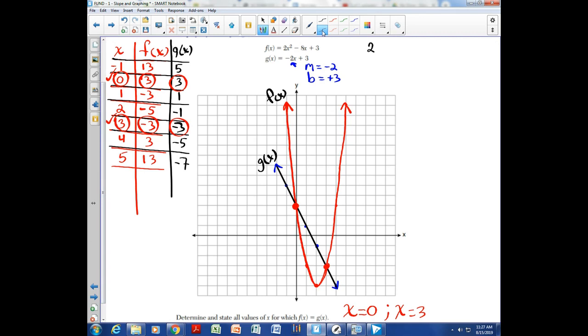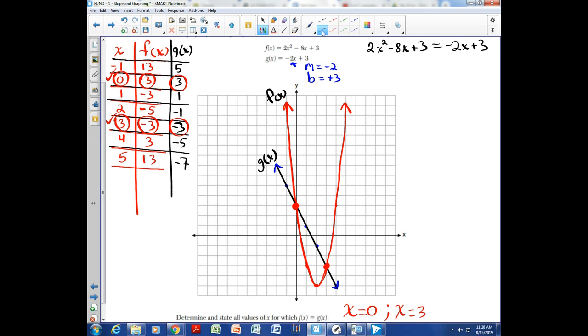So we have our 2x squared minus 8x plus 3. When is this going to be equal to our g of x, which is negative 2x plus 3? At this point, I notice we have a quadratic, because our highest degree exponent is 2, the x squared.